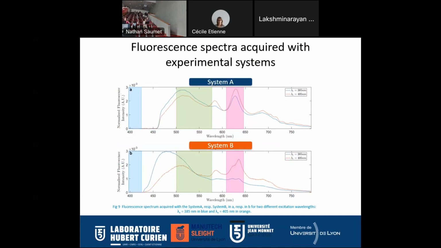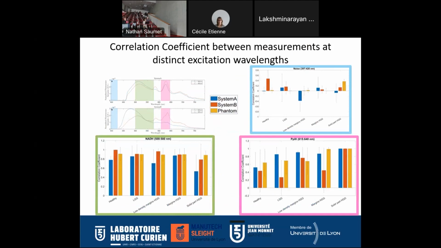And we will compare the correlation coefficient between the two measurements with the ones of the simulated phantom we used for the previous results. Mainly, in the region related to endogenous fluorophores, we need a high correlation coefficient, in order to be sure that the assumption that the spectral shape of the endogenous fluorophores remains the same between the two excitation measurements holds.